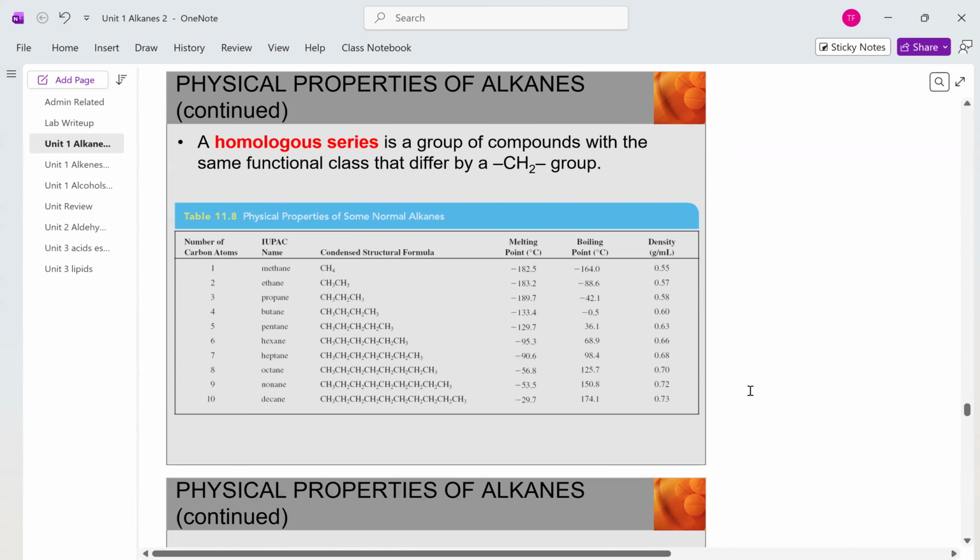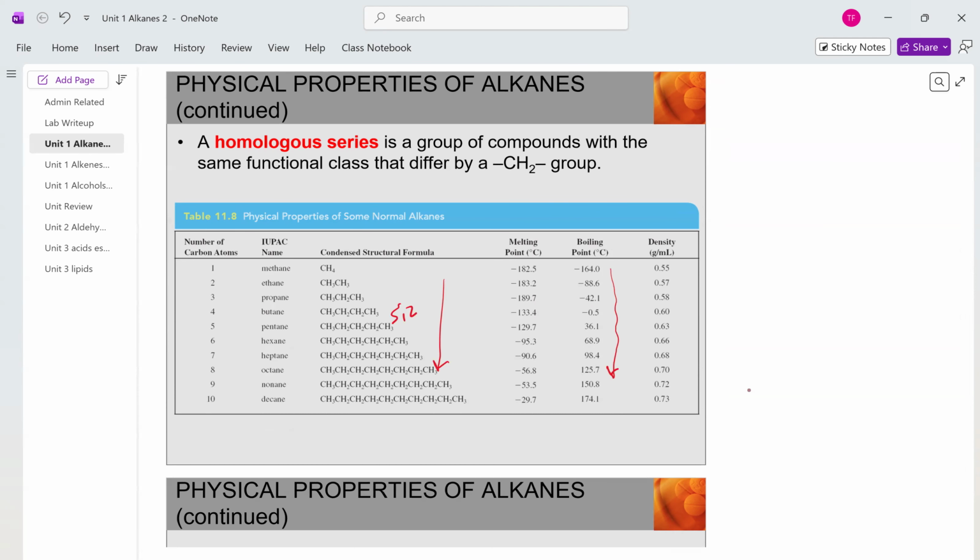Okay, as the alkane gets bigger, the boiling point goes up. So this is size and mass. Density changes a little bit as well. Still less than 1. Density of water is 1.